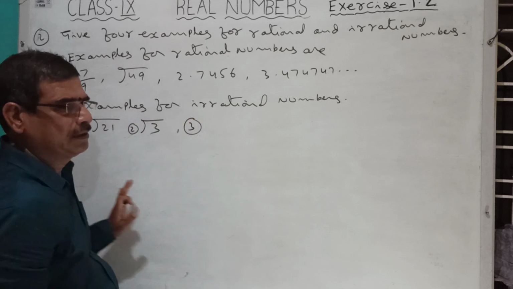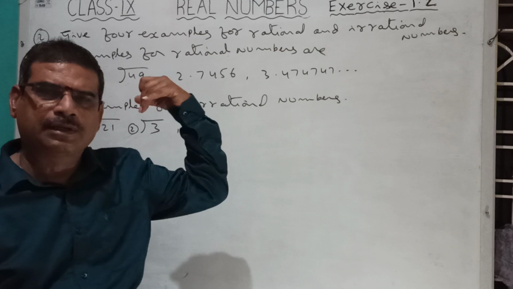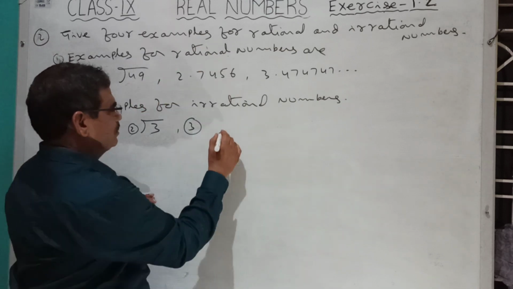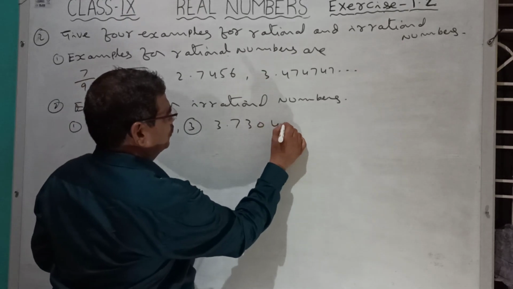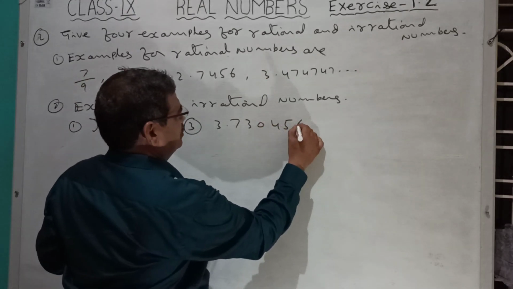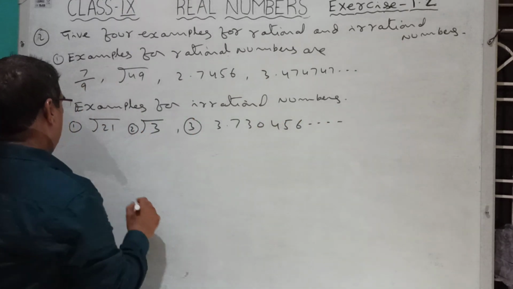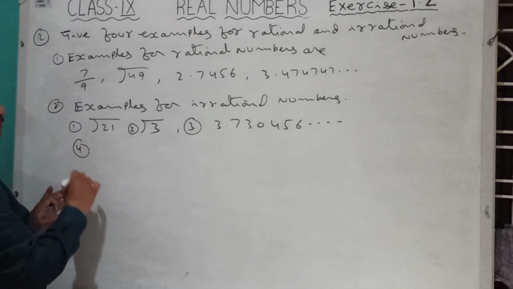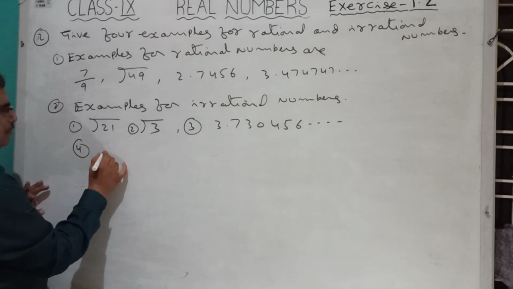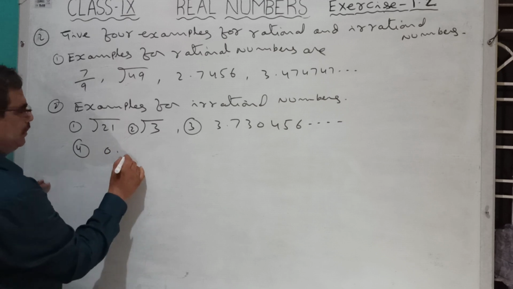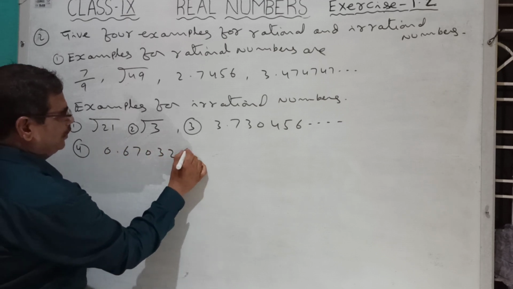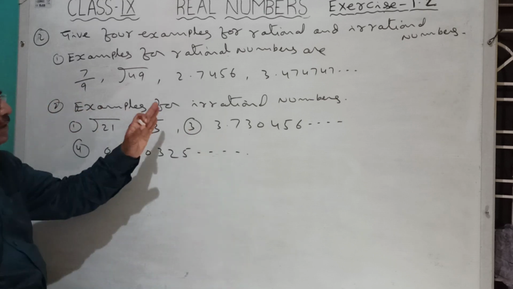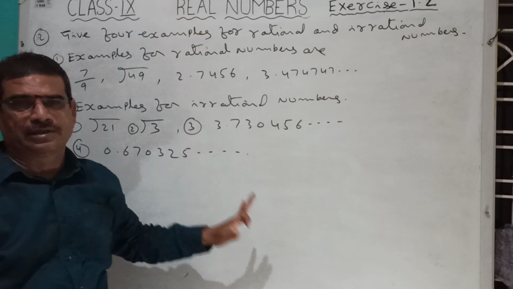Third one non-repeating, non-terminating decimal. So 3.730456, so on. And fourth one 0.670325, so on. So these are the examples for rational and irrational numbers.